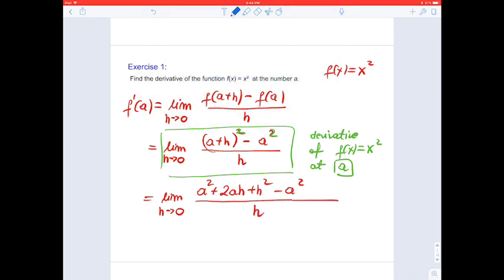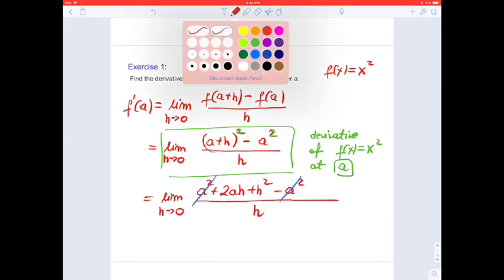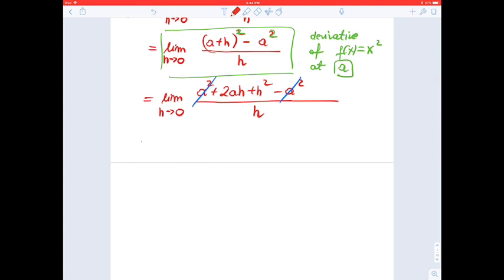We can nicely see this cancellation. And what's left? Limit as h goes to 0 of 2ah plus h squared over h. H is a common factor, so we get 2a plus h. Now I see another cancellation, really important, because this is the 0 over 0 I would get if I performed direct substitution at the end.